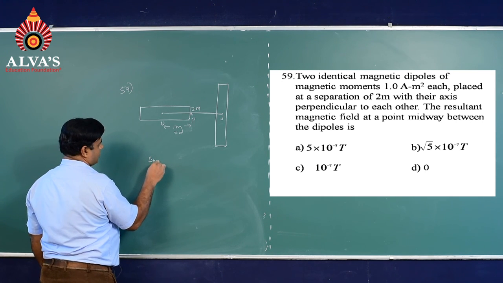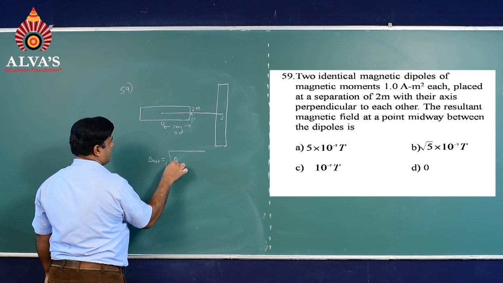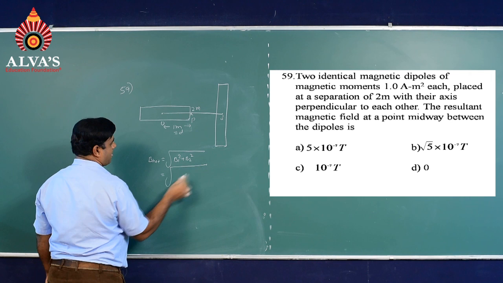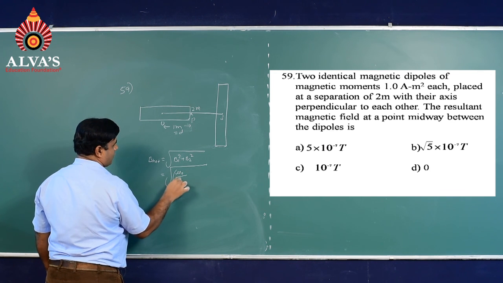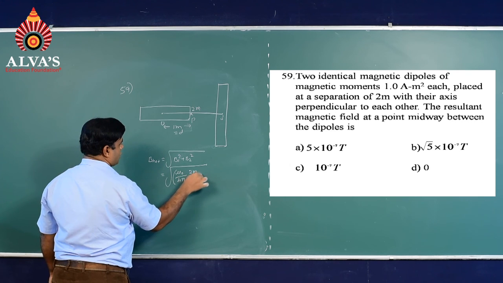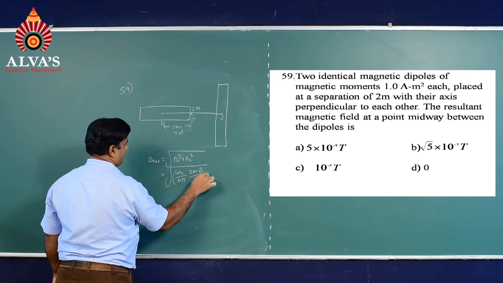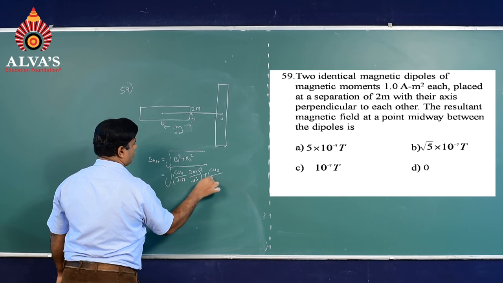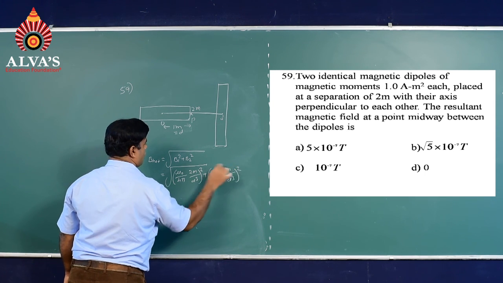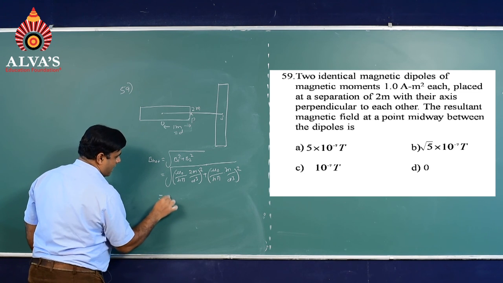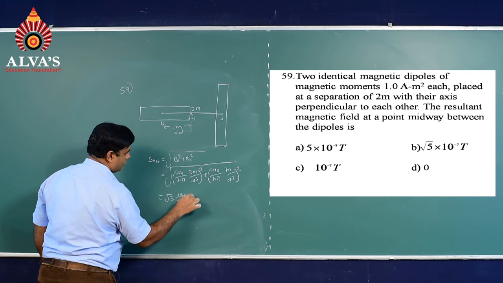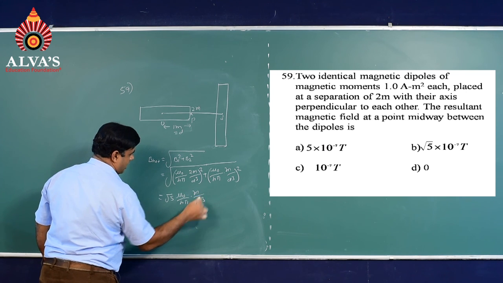So, definitely the two fields are perpendicular to each other. So, net field should be root of B1 square plus B2 square, which is root of mu naught by 4 pi into, if I take the first one at the axial point, 2m by d cube, and for the other at the equatorial point, m by d cube, whole square, which gives rise to root 5 into mu naught by 4 pi into m by d cube.